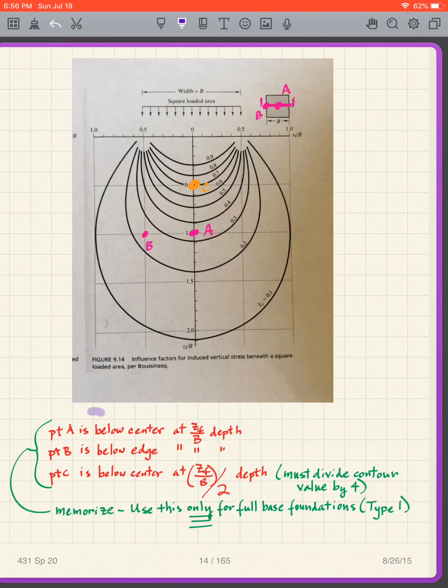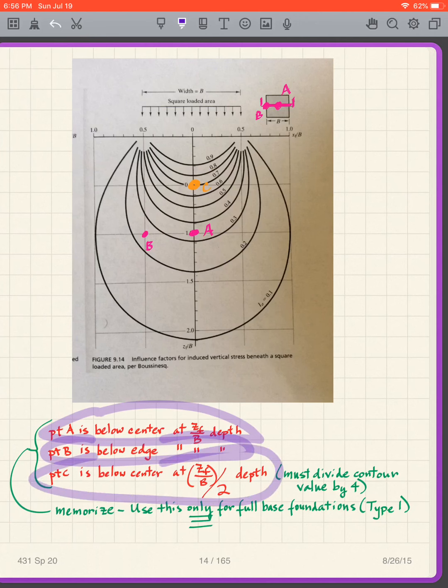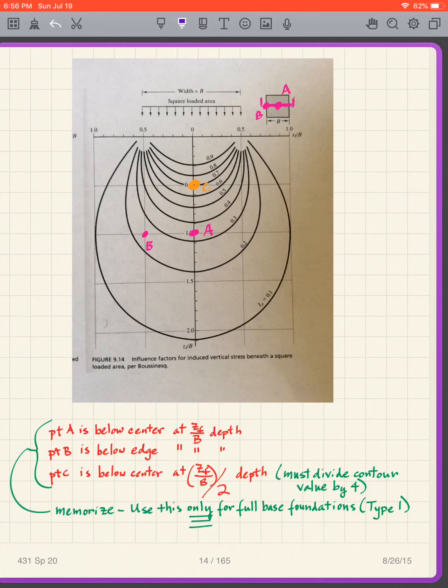This describes that point A is below the center at Zf over B, point B is below the edge at Zf over B, and point C is below the center at Zf over B divided by 2. And then you must divide the contour value by 4 for point C. You should memorize this.